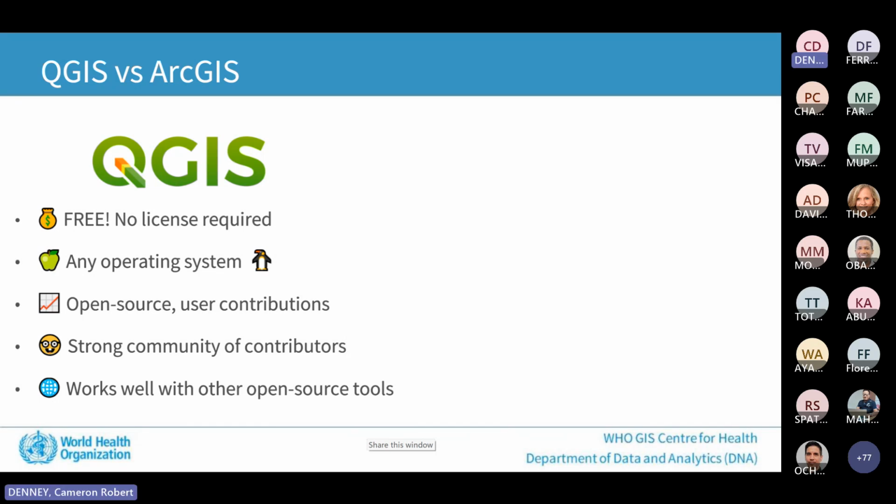So whether you have Windows or Mac or Linux, QGIS is compatible with that. And as I said, it's open source, and because of that, there are a lot of user contributions and a very passionate user community, which enables a lot of great training materials and learning resources online for free. It also works well with a lot of other open source GIS tools. A lot of these open source tools rely on each other or can plug in with each other quite nicely.